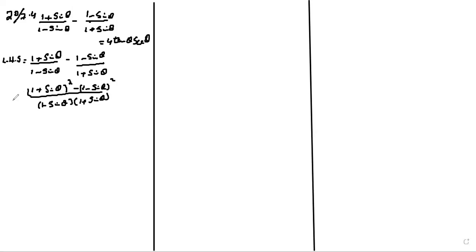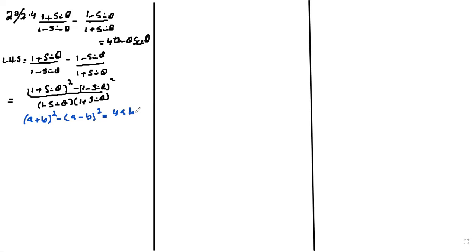Using this formula here, we get (a plus b) square minus (a minus b) square equals 4ab.